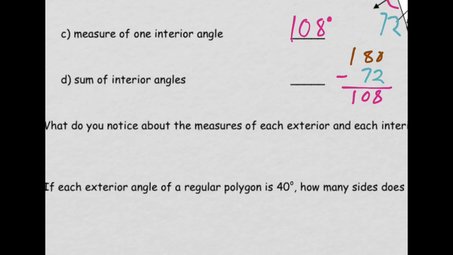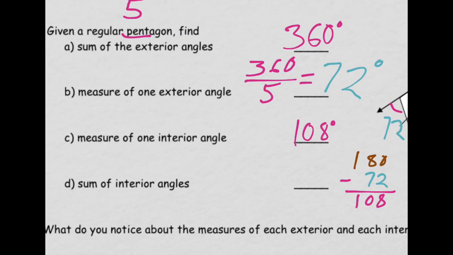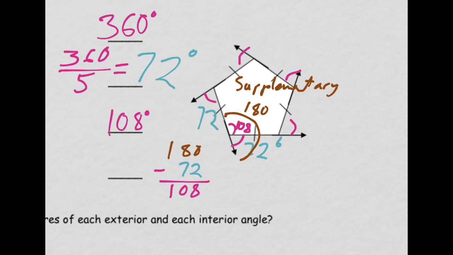And then the sum of the interior angles, remember that this is a regular pentagon. Well, what does it mean if it's a regular pentagon? It means that each of these interior angles are congruent. That means their measurements are equal, right?